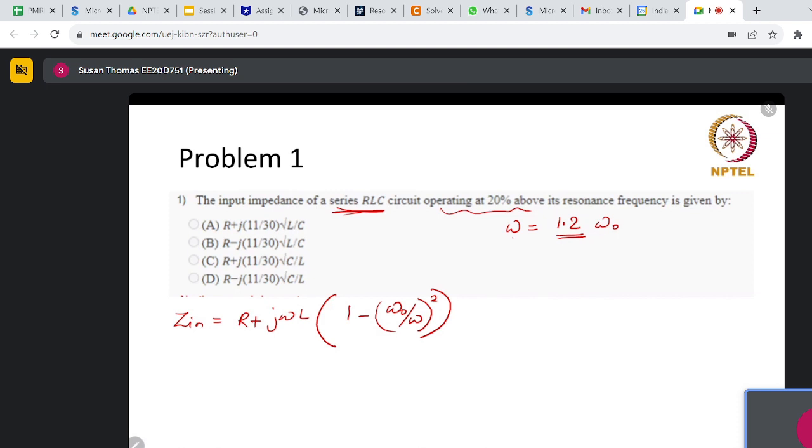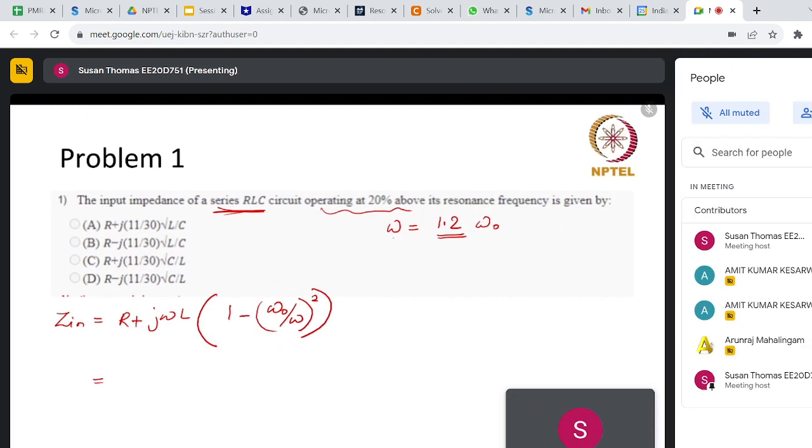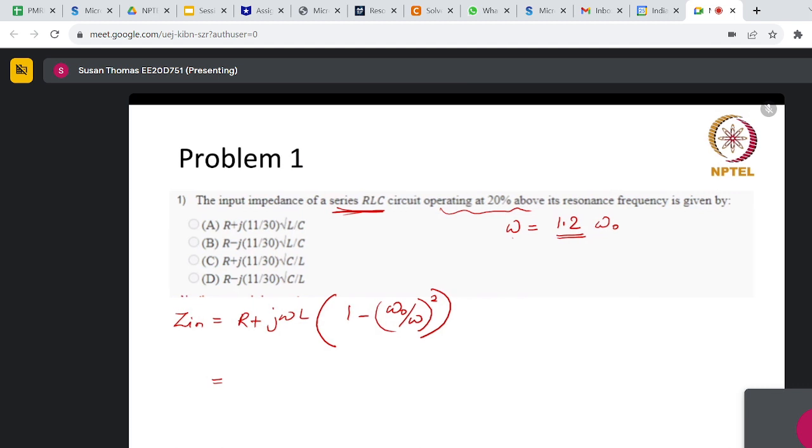Now this becomes very simple to solve. So can you try? Omega is 1.2 omega naught. As you see the options, you have R, L and C as such.